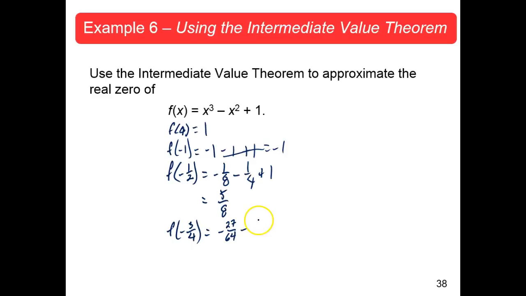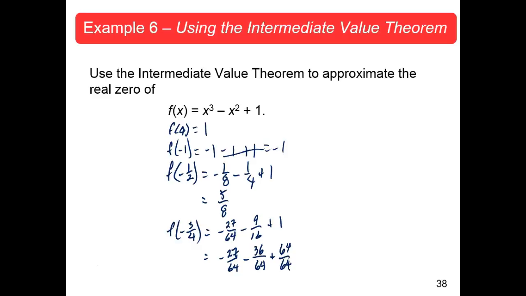Negative 3 squared, 9/16 plus 1. All right, I think this time we need to get everything in 64ths. So it'll be negative 27/64 minus, we need this to be a 64, so we have to multiply by 4. 36 64ths plus 64 64ths.